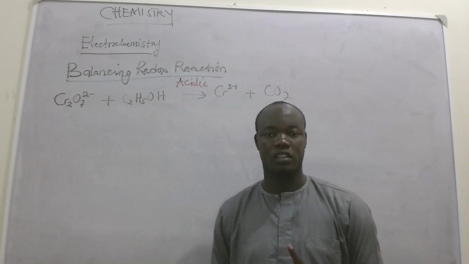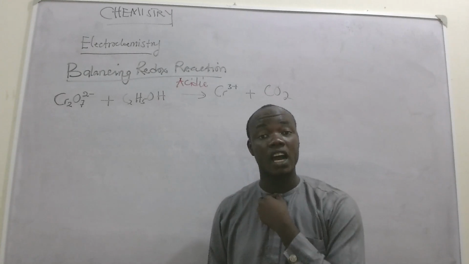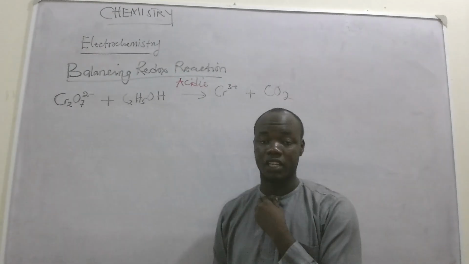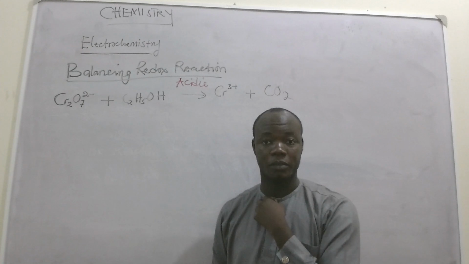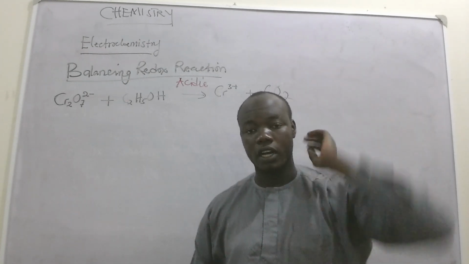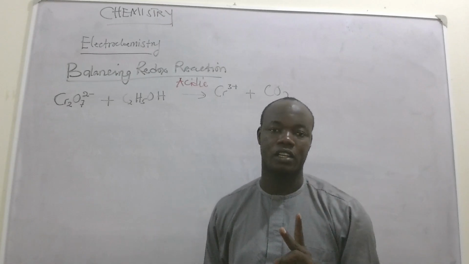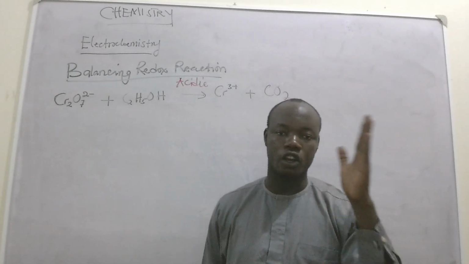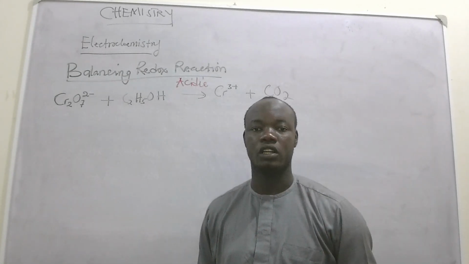The first thing that we should not forget is that we have to divide the equation. Although we have different ways of balancing redox chemical reactions, the first thing we are going to do is divide the equation into 2 half cells, or 2 half equations, that is oxidation half equation and reduction half equation.